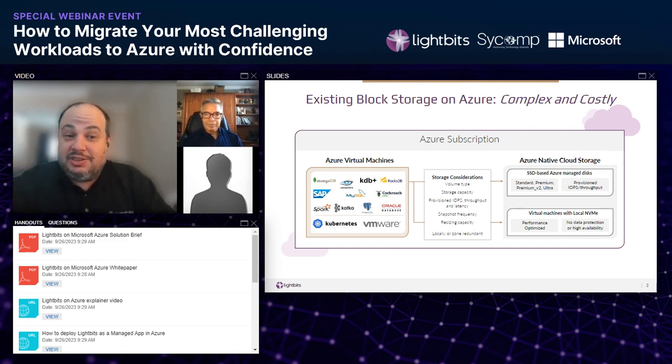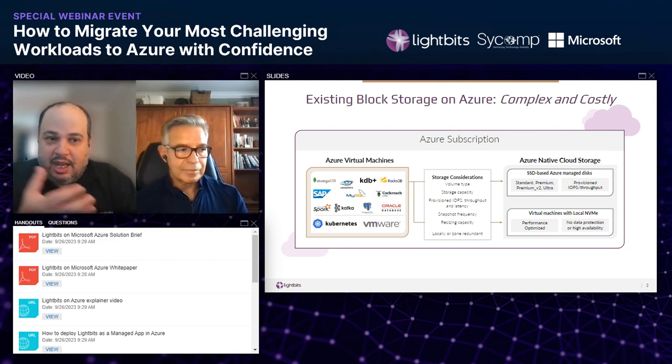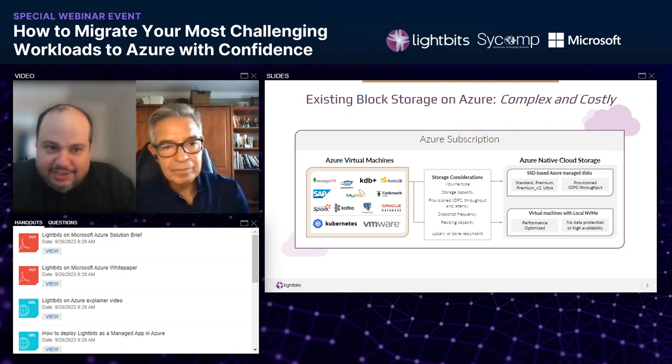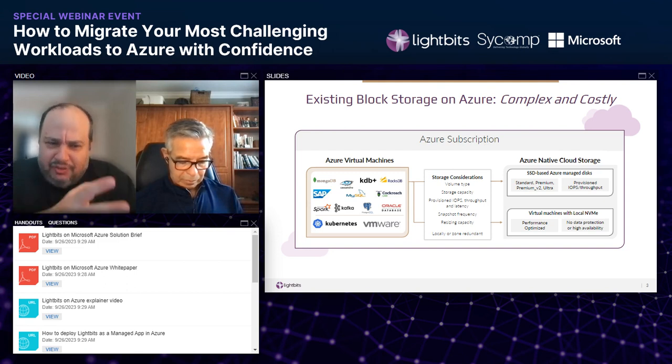But now the storage is ephemeral, because if these virtual machines go down, you don't have the data. And you don't have all the flexibility and all the data services that you expect from the Azure managed native offering.